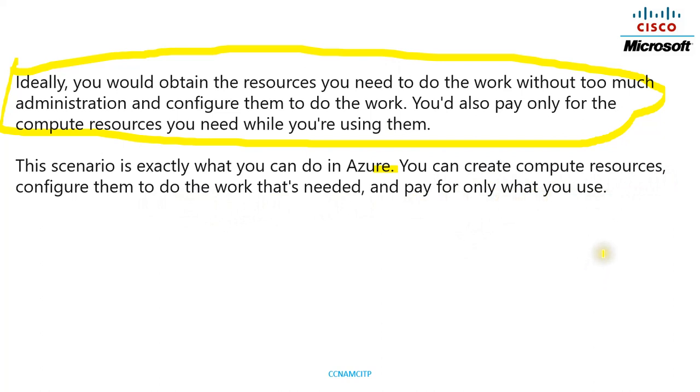So the scenario was your on premises. Now you suggested they go for cloud, so cloud will provide you all these kinds of services. All of it comes under compute services, so we'll learn about it.